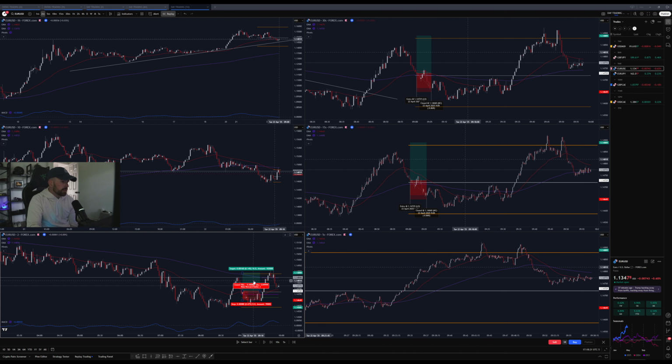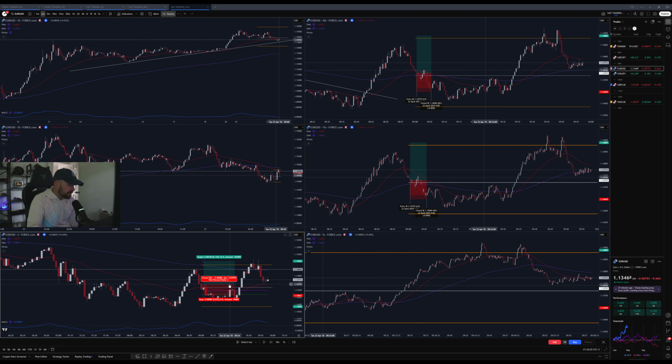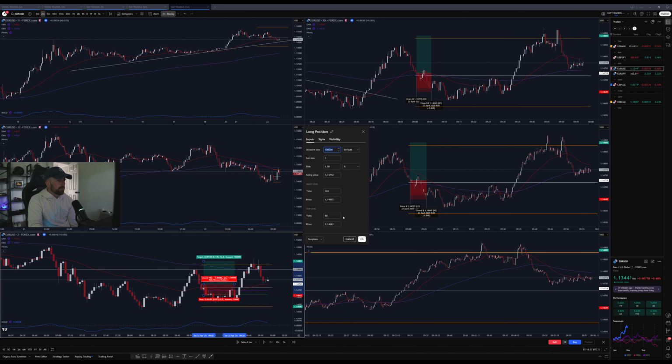And an increased entry on this of like a pip or two throws the target way off, which means I would have to tighten this position size. Probably so, I bet like 6 pips, or so. 7 pips.